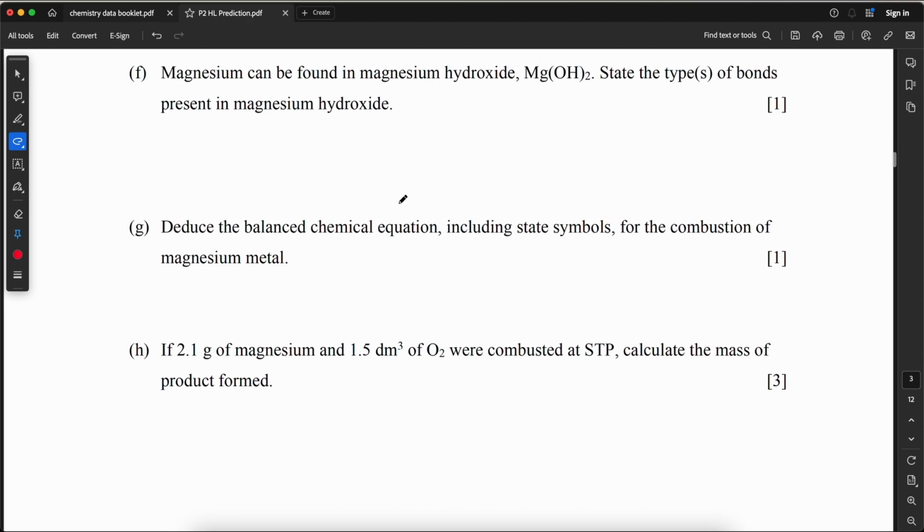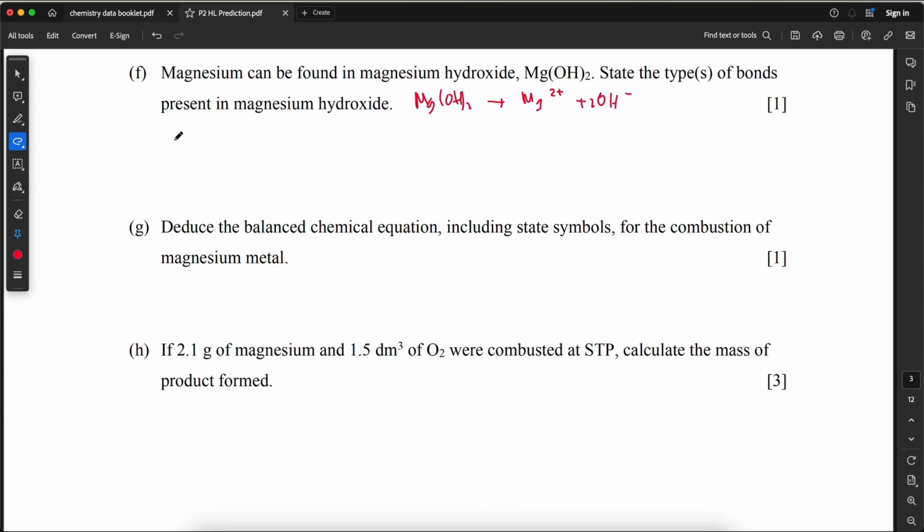Magnesium can be found in magnesium hydroxide. State the types of bonds present in magnesium hydroxide. So Mg(OH)2, when it dissolves in water or dissociates, will produce Mg2+ ion and OH minus.